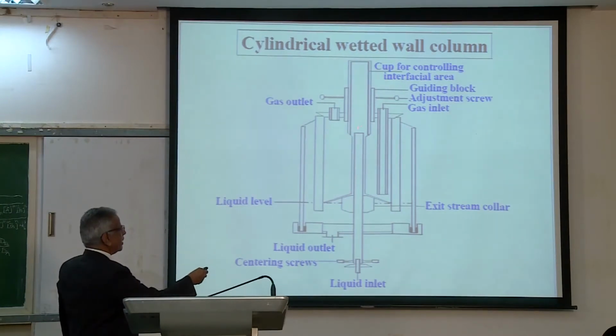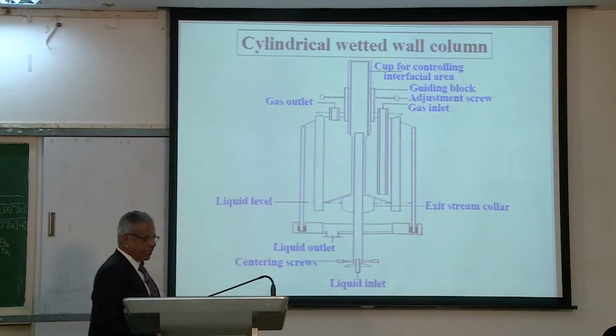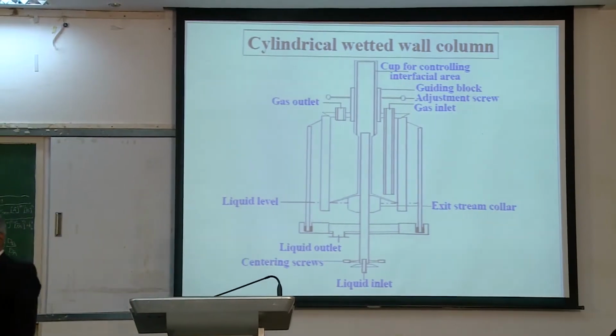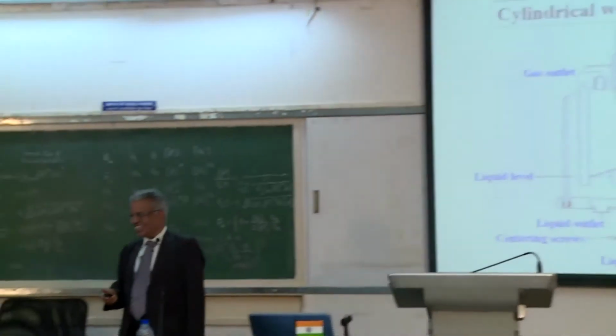That satisfies one characteristic, that the interfacial area is known, and by changing the liquid flow rate or liquid velocity, the film velocity, we vary the mass transfer coefficient. So, that is the third model contactor, right.